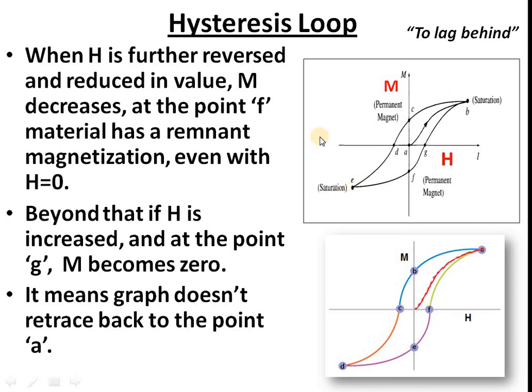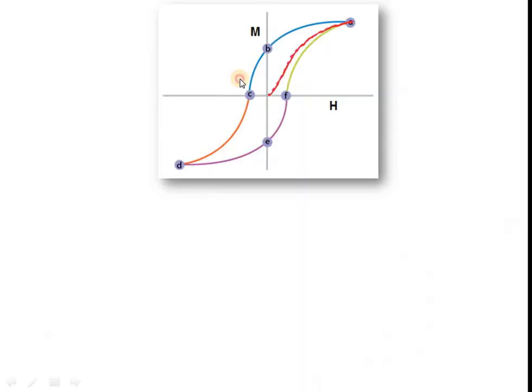It is not retracing, so you can say it is an irreversible process. Instead, you get a beautiful loop with a certain symmetric shape. We call this a hysteresis loop.